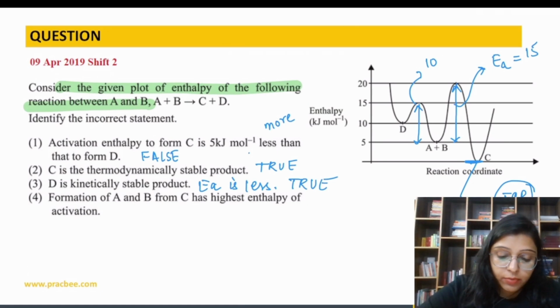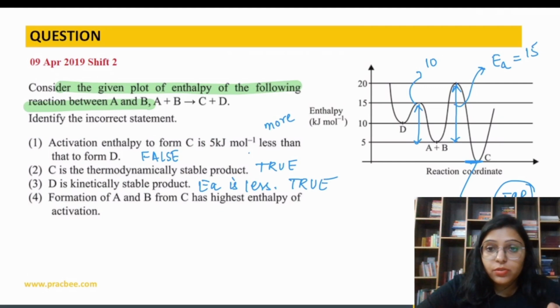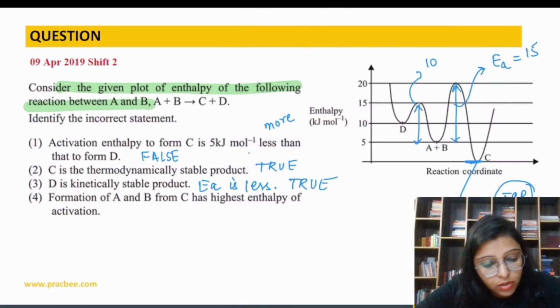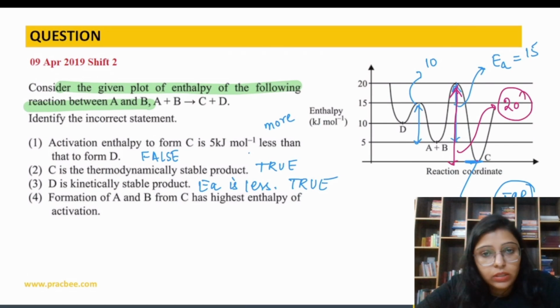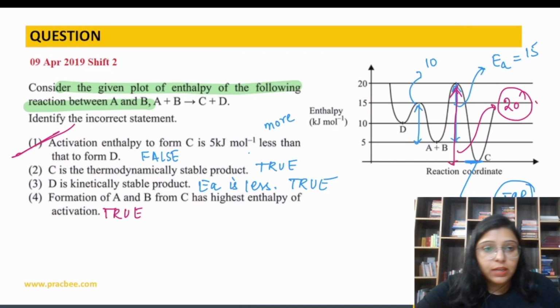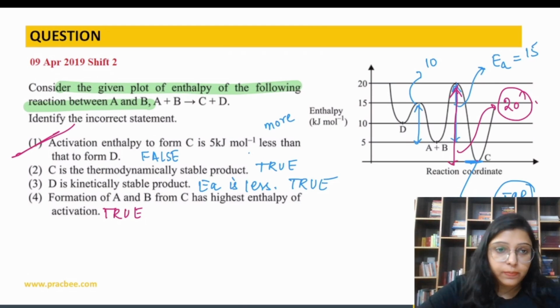Formation of A and B from C has the highest enthalpy of activation. If I do the reverse reaction, if I want to form A and B from C, the enthalpy of activation is going to be this much, which is equal to 20. Yes, that is also true. So the incorrect statement is option number 1.